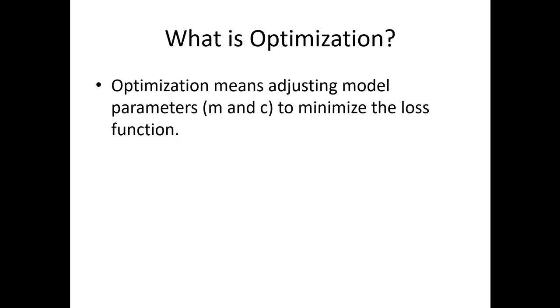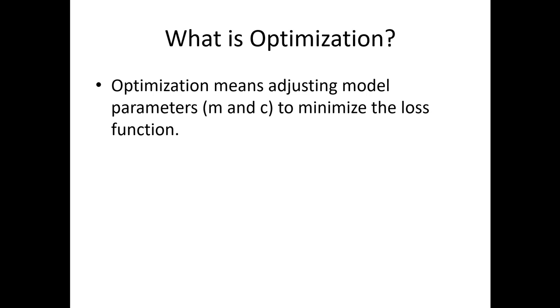What is optimization? Before jumping into loss functions, let's understand what optimization means. Optimization is the process of adjusting model parameters, in this case m and c, to make the model perform better. In simple words, we want to find the best possible values of m and c that minimize the difference between the predicted and actual values.